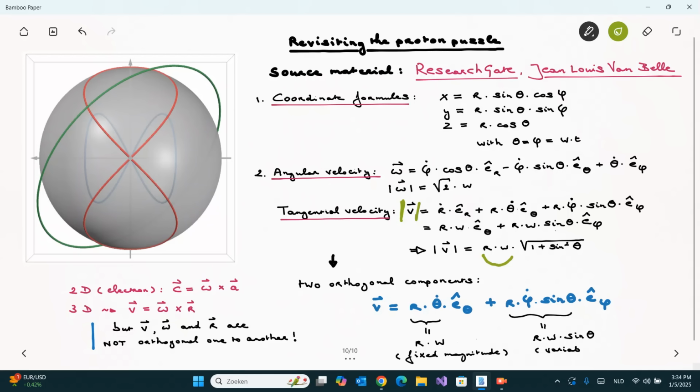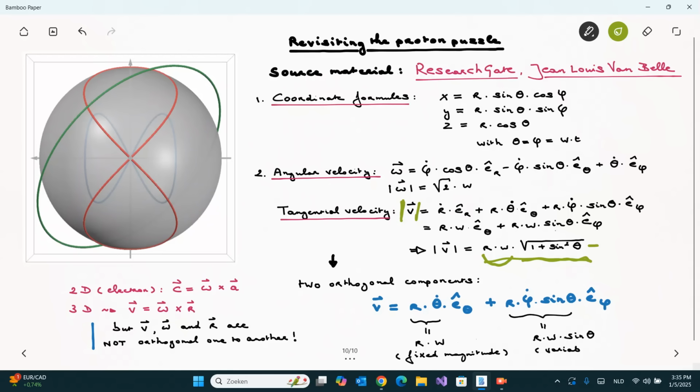We actually get this result that the tangential velocity varies between a minimum of r times w, because this is 1 plus sine square and then the square root of it, and a maximum given by when the polar angle is 90 degrees.